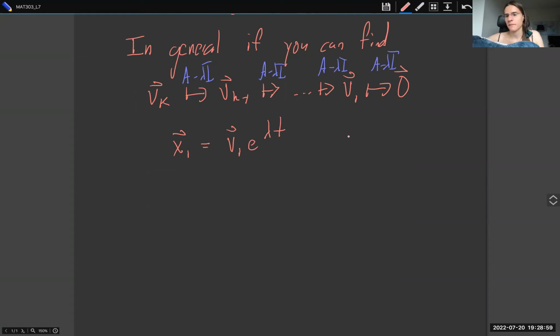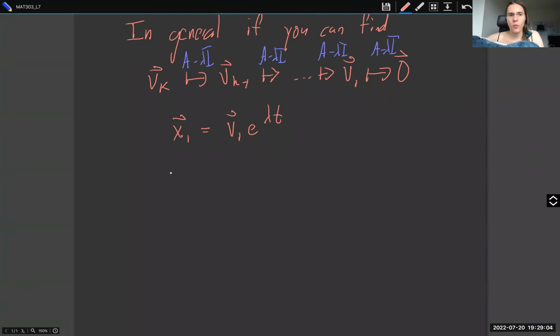That's our eigenvector solution. Now, what's our next solution going to be? Well, that's going to be the second ansatz that we considered. And that second ansatz was t v1 plus v2, right? E to the lambda t.